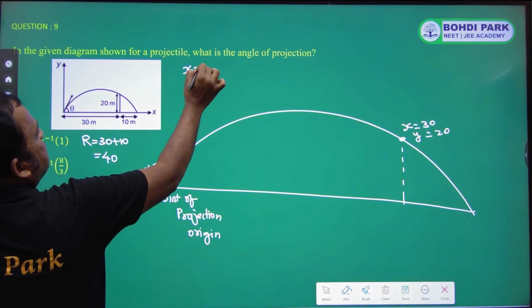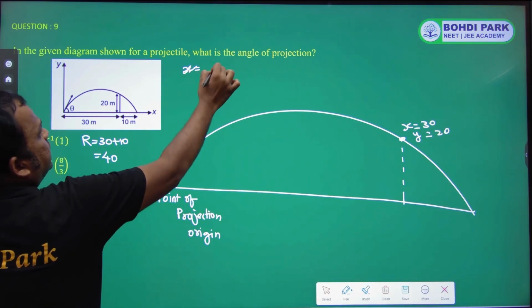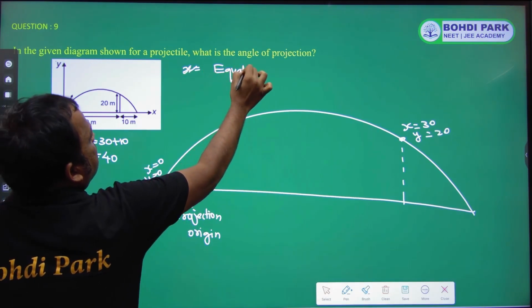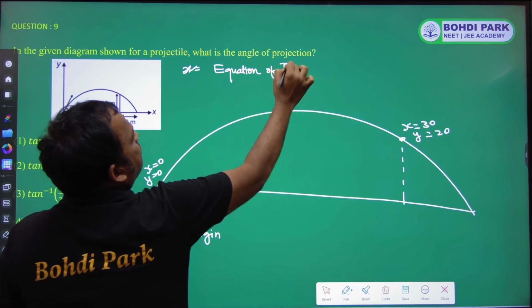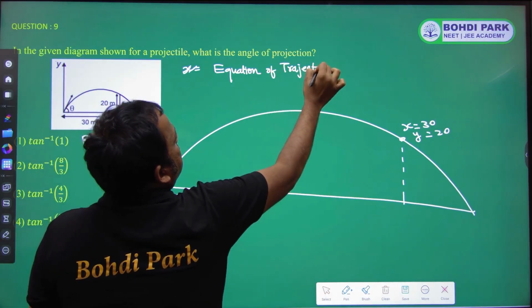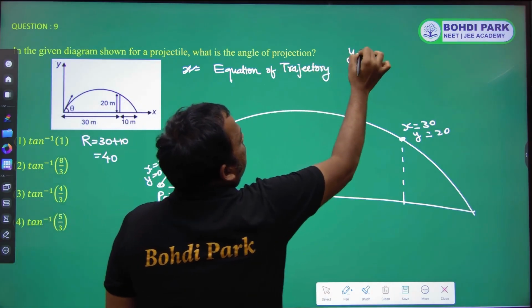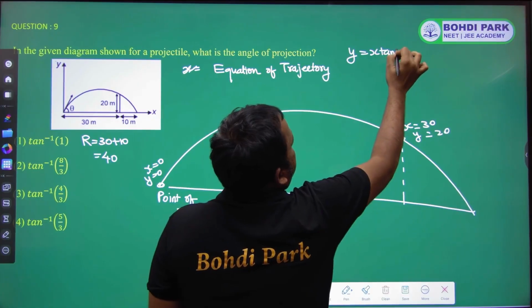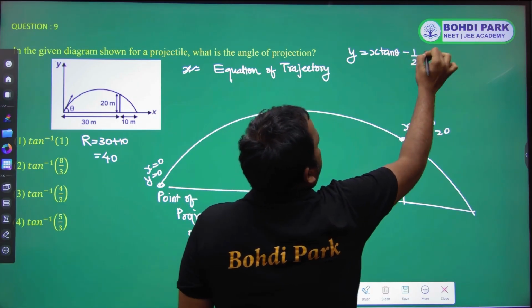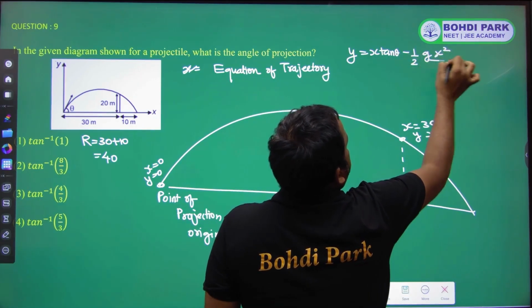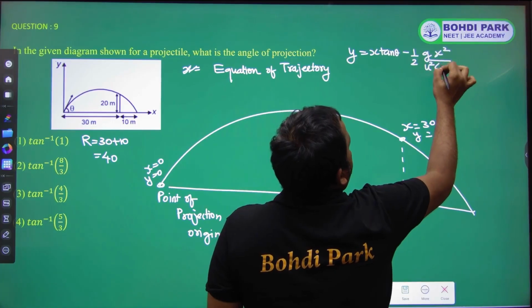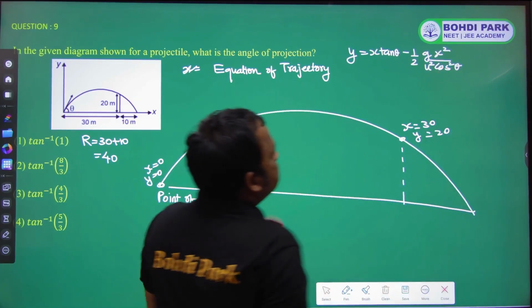So we can use the equation of trajectory, y is equal to x tan theta minus g x square by 2 u square cos square theta.